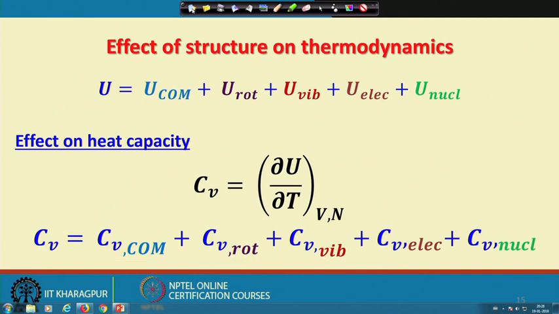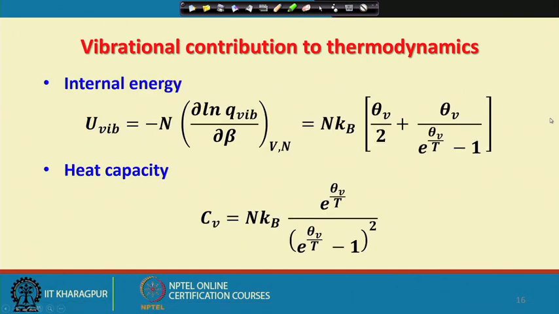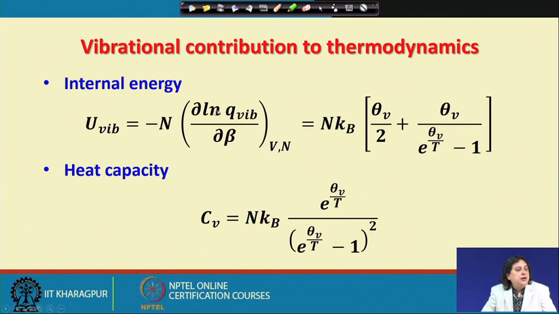So, is it possible to actually separate out these? The answer is yes, it is possible, because if you look at this diatomic case, what is the vibrational contribution to the internal energy? That is nothing but ln q_vib, you take a del del beta of this quantity at constant volume and number of particles.